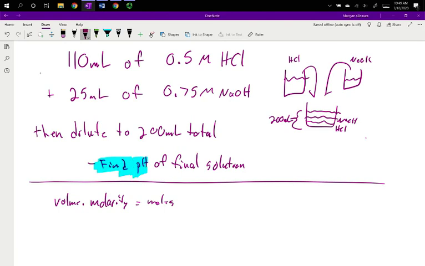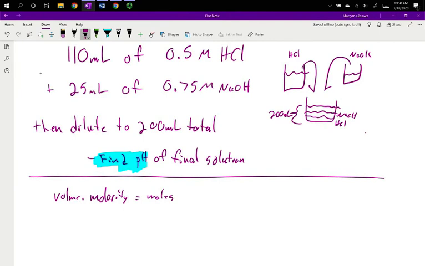Remember that our pH is dependent on the amount of H plus around, and if you have strong acid, that is your H plus amount. Whatever amount your strong acid gives you, that is your H plus amount. So as a result, we need to figure out how much strong acid is left so that we can solve the pH. And so for both of these, we need to calculate out those moles. And so let's do our HCl.